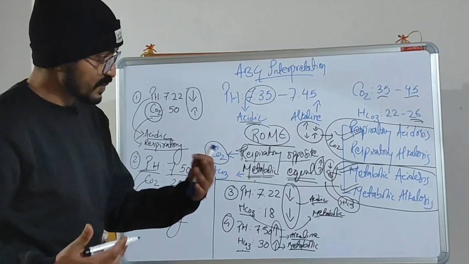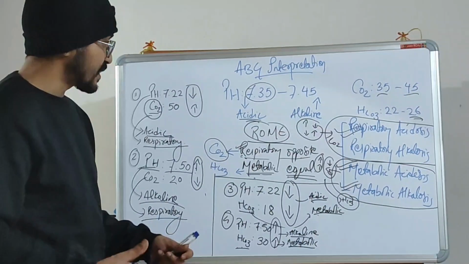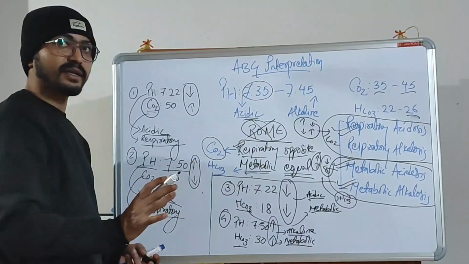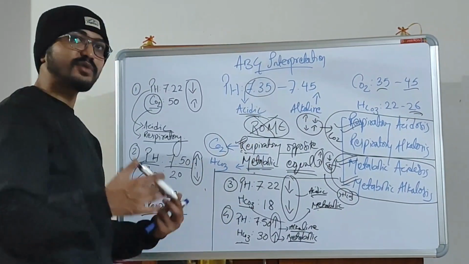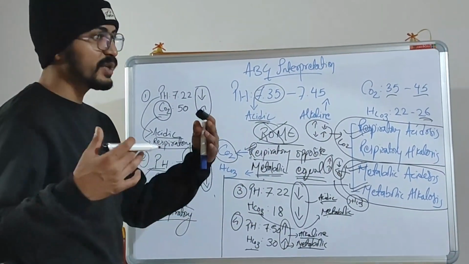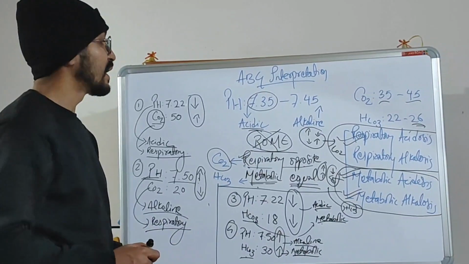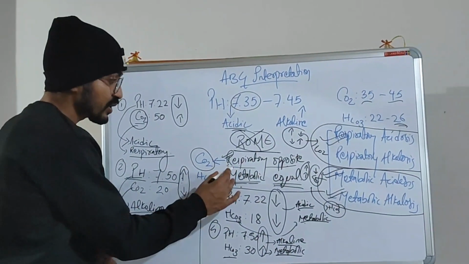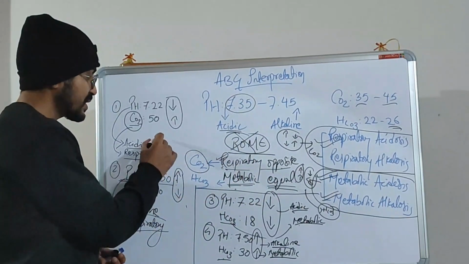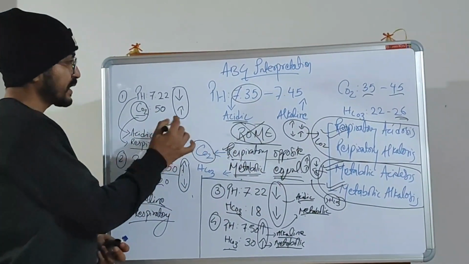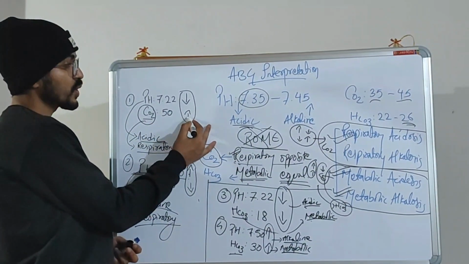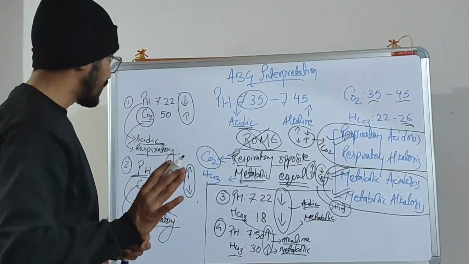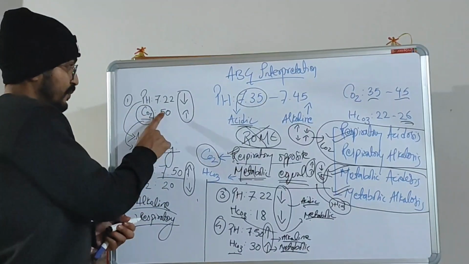Sometimes there will be a situation or reports where the ROME formula is not met. In ROME we saw that respiration is always opposite, which means if pH was going down, then your CO2 was going up. But sometimes the ROME formula will not be met. How?